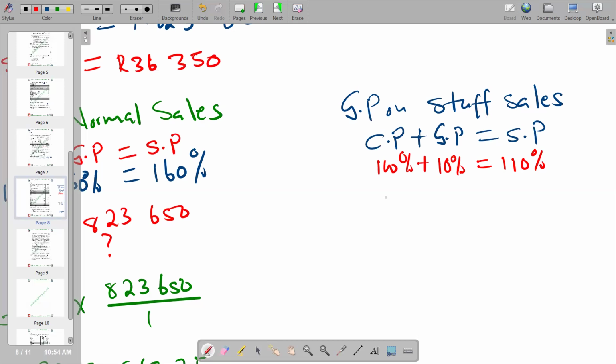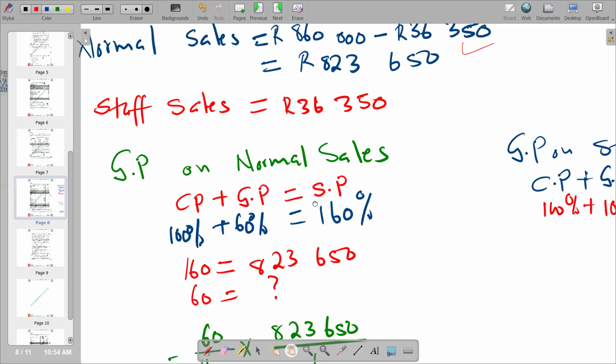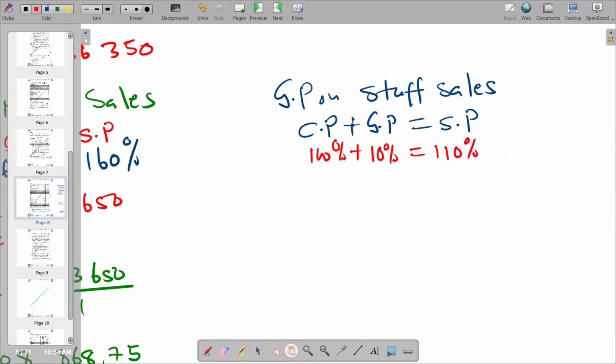Then we now make a proportion whereby we know that the staff sales is 36,350. So our 36,350 is equal to 110%. And then the figure that we are looking for is 10%.